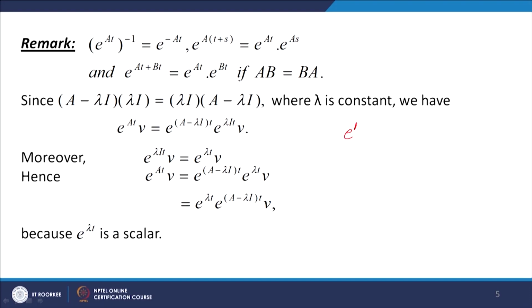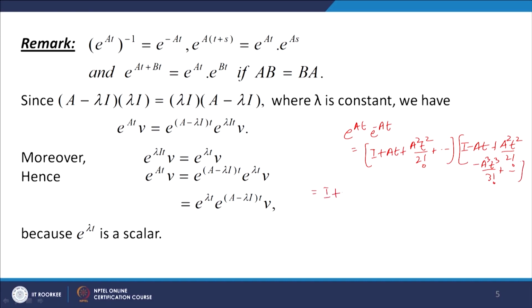See, e to the power At into e to the power minus At. If you write, what we get? I plus At plus A squared t squared by 2 factorial and so on, and then we multiply by e to the power minus At. So, I minus At plus A squared t squared by 2 factorial minus A cubed t cubed by 3 factorial and so on. So, we multiply by I first.